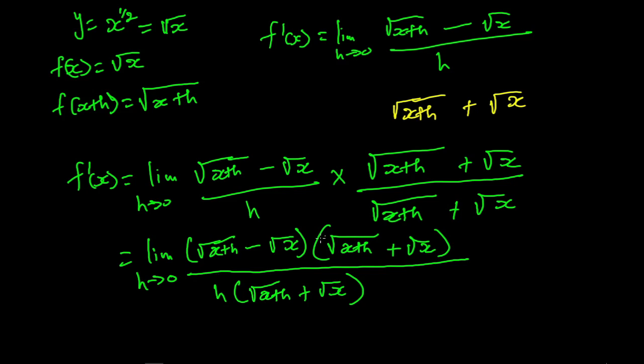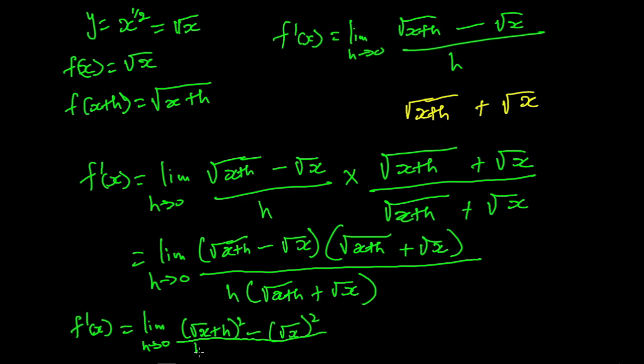So if we expand this numerator, we have our limit as h approaches 0. By expansion, we are going to obtain the square root of x plus h squared minus the square root of x squared. As you can see, this is synonymous with the difference of two squares, as we have negative here and positive here. So by expansion, it will result in this, and therefore this all over h multiplied by the square root of x plus h plus the square root of x.